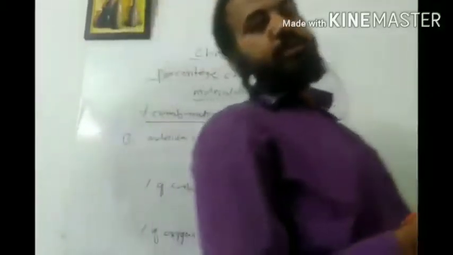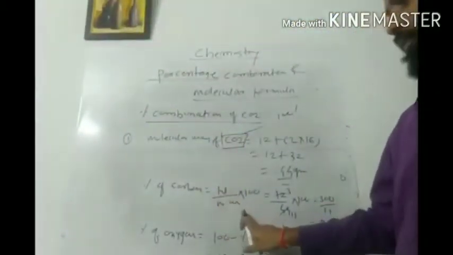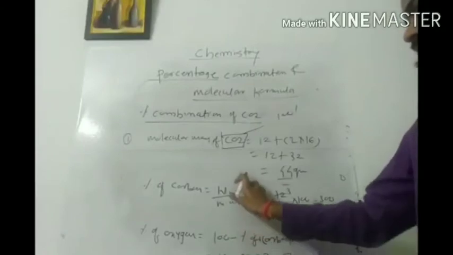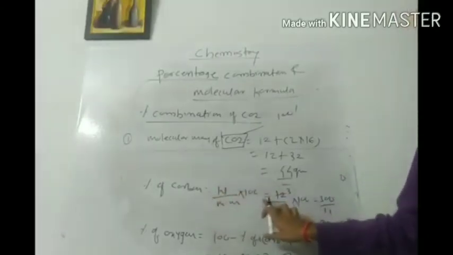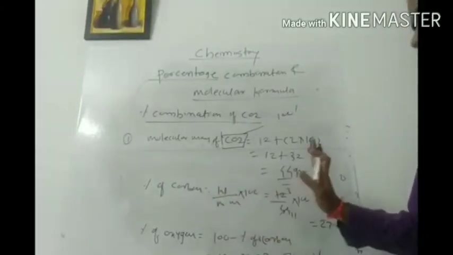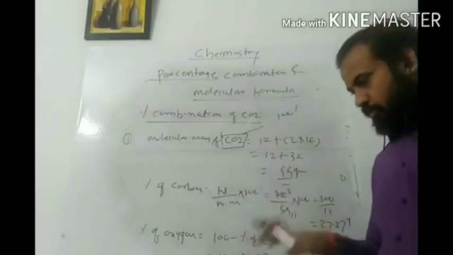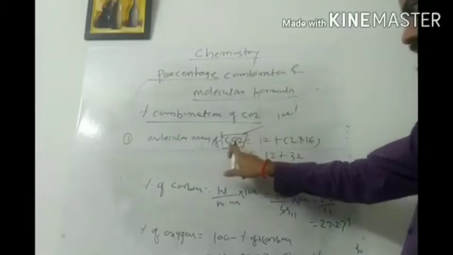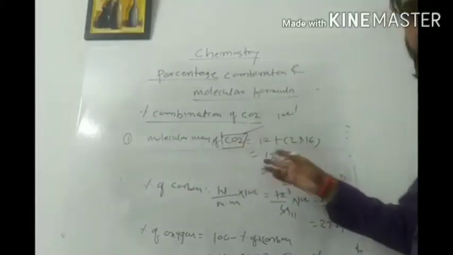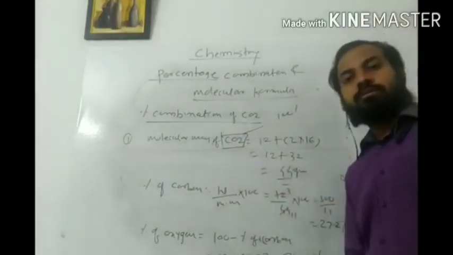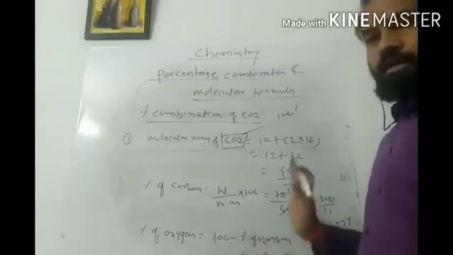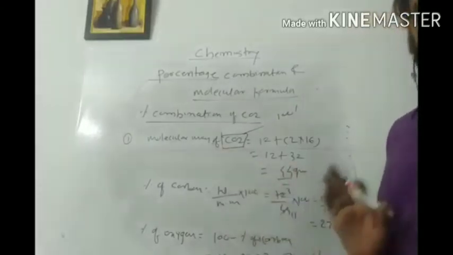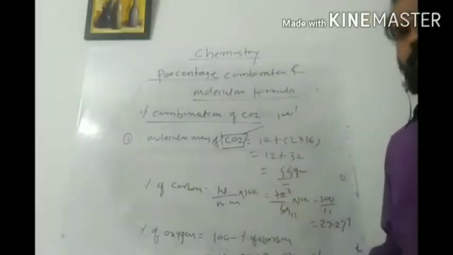You can also calculate by the method weight upon molecular mass into 100, but instead of doing such calculations, which will take your time, use this method. As we all know, this compound is 100%, and if we calculate the percentage of carbon in it, the remaining is the percentage of oxygen, isn't it? So in this way, if one atom is there, the other atom is calculated easily.